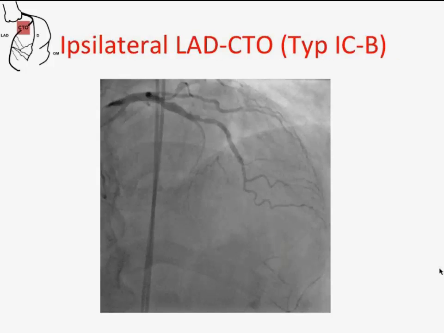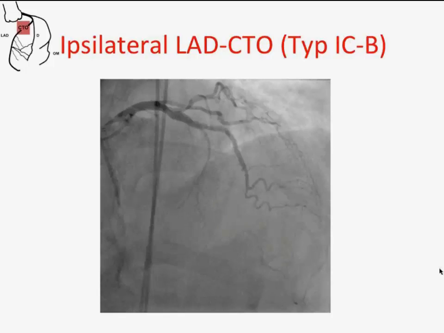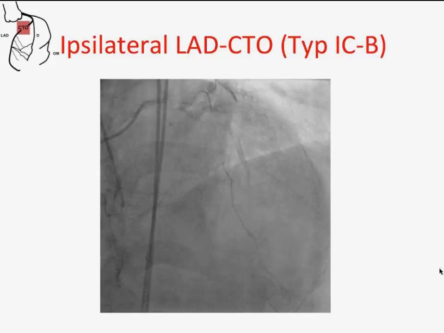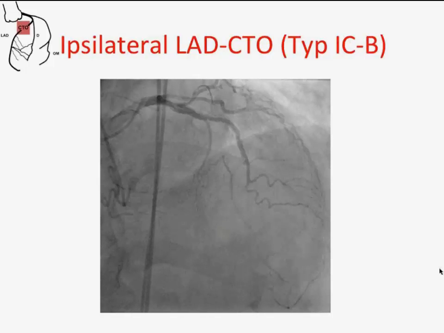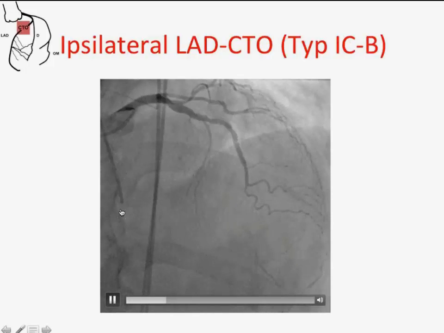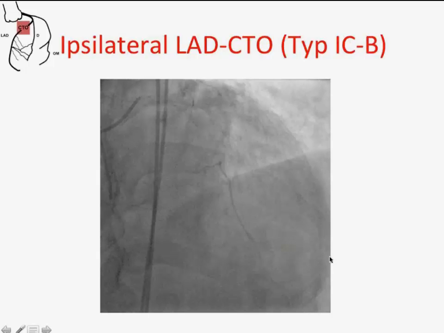So this is also an interesting ipsilateral case, probably one of the first I did. As you can see in the diagnostic angio, there are many collaterals. One is the conus branches from the right coronary artery, where I have a super selective injection, and there are also epicardial collateral connections from the diagonal branch.